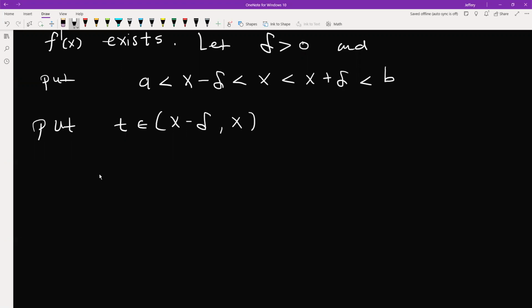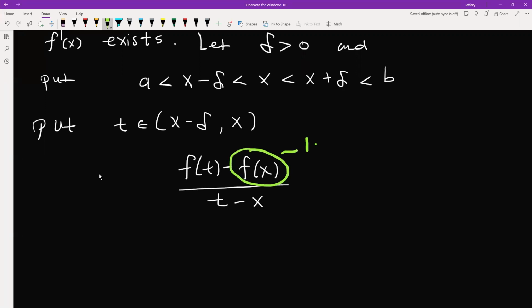Then if you look at this quotient, remember the derivative f prime of x, but first let's just look at this quotient, f of t minus f of x divided by t minus x. What we want to do is analyze this for a moment and think about what we've got here. We know that f of x is the local minimum. So that means that f of t is larger than f of x.